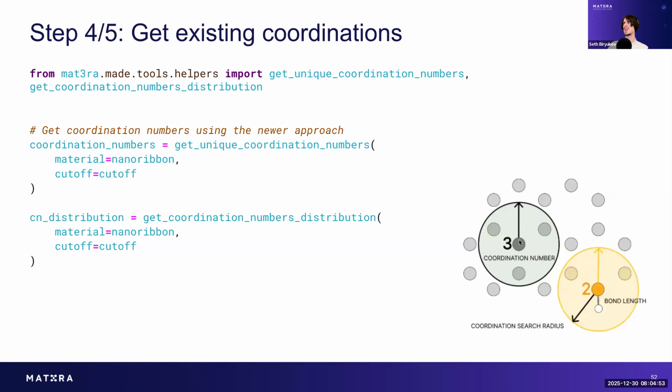To passivate dangling bonds, we need to find the coordinated atoms. If an atom is inside the bulk of the structure, or closer to the center for a nanoribbon, then each atom has a set of neighbors. Usually it's the same.